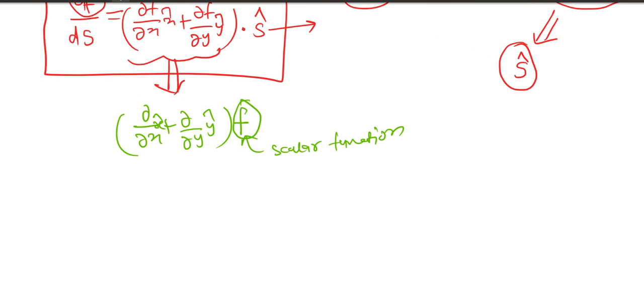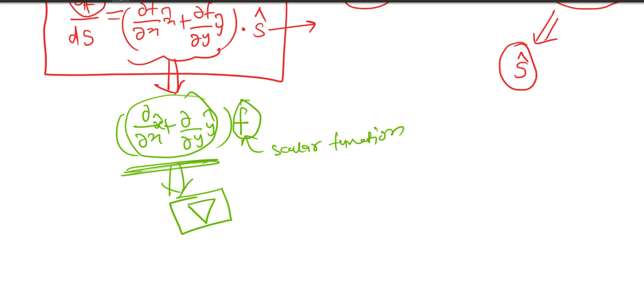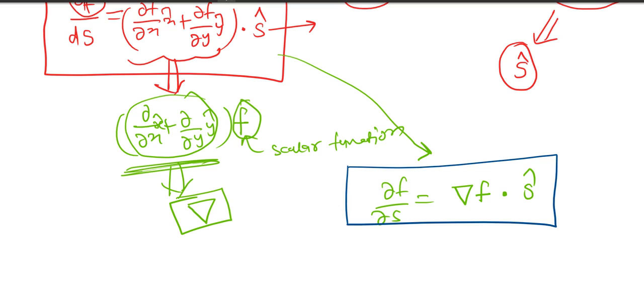So now this term is our delta. So we represent this del f by del x x cap plus del f by del y y cap as delta f. Okay, so we can write this del f by del s is equal to delta f dot s cap. Okay, this is our final equation.